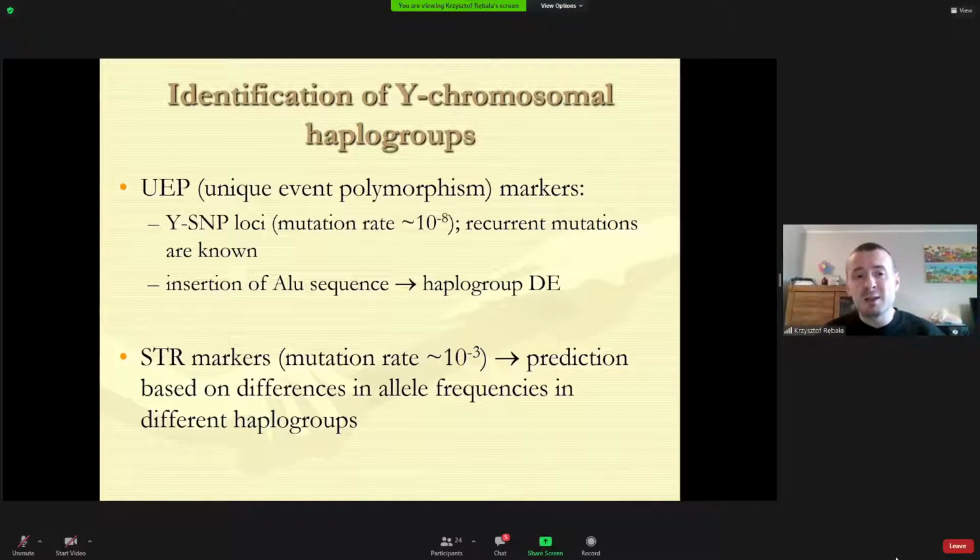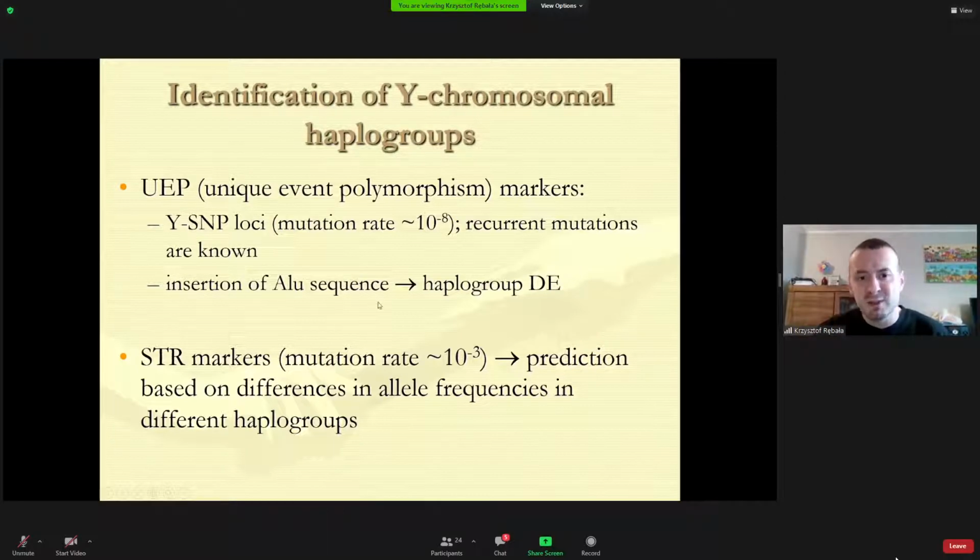These are mainly Y SNP loci with a mutation rate of approximately 10 to the power of -8. However, some recurrent mutations are known, but they are rare, which reverse the mutation back to the original state.